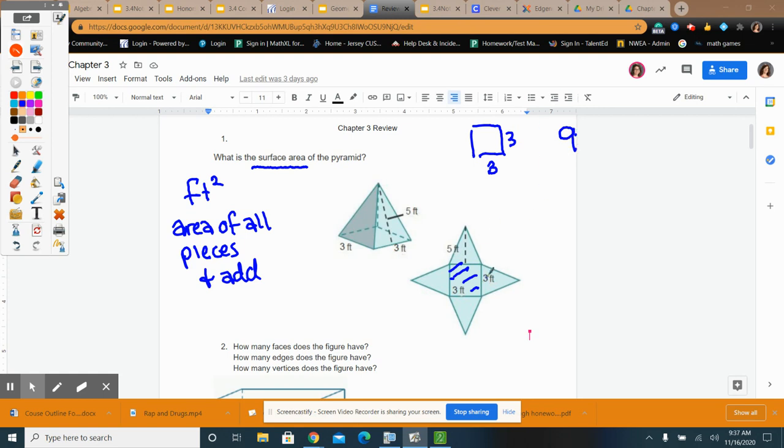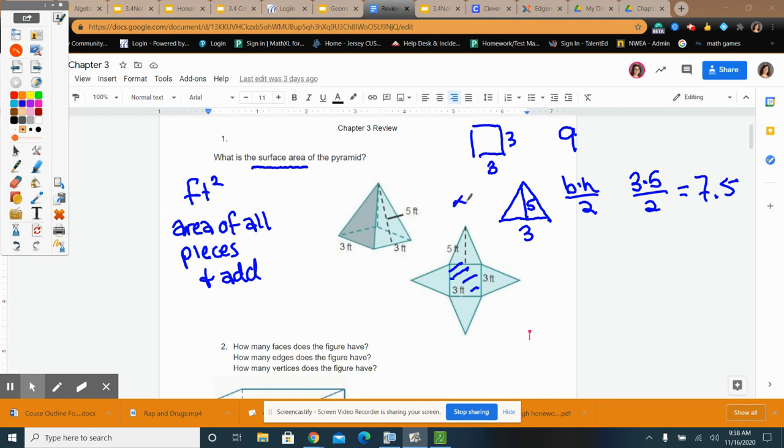There's just one square, but then there are 4 triangles, and all 4 of these triangles are the same because it's a square on the bottom, and the base is 3, and the height is 5. That's base times height divided by 2. So that's 3 times 5 divided by 2, which is 15 divided by 2, which is 7.5.